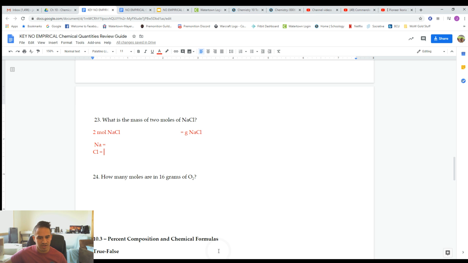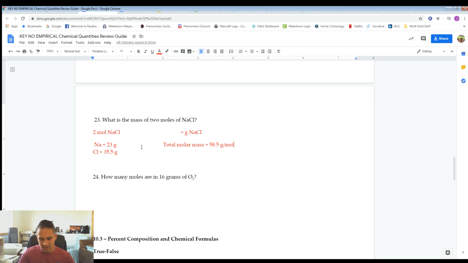So sodium had a mass of 23 grams. Chlorine was 35.5 grams. Right, so let's add these together. So we get a total molar mass of 23 plus 35.5. So this is going to be 58.5 grams per mole. That's our conversion factor. We're going to need to use that to do our math here.